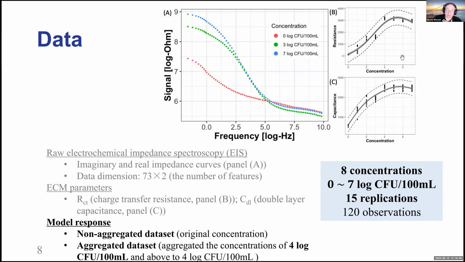Why is that? Well, we can see from the plot on the right that if the concentration is 4 or greater than 4, it is hard to distinguish between those concentrations based either on capacitance or on resistance. In real life, that would mean the concentration of a pathogen is high, and how high it is is a secondary concern. It is just high or very high.